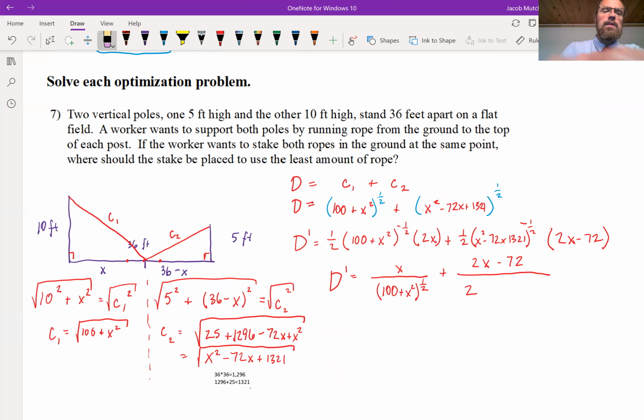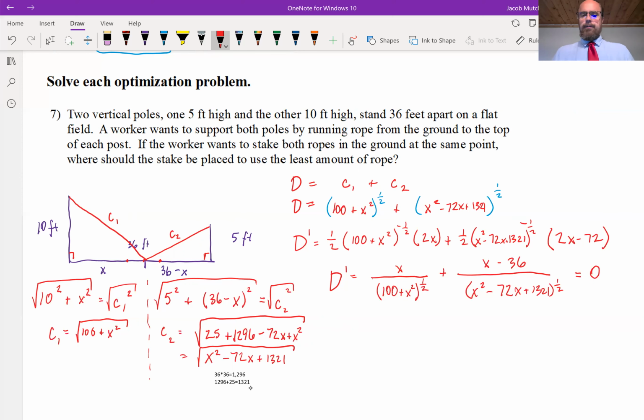So again, I have a cancellation. 2 divided by 2 is just 1. 72 divided by 2 is 36. Over x squared minus 72x plus 1,321 to the power of half. So there I've got my derivative function. I want to set it equal to 0 and solve.